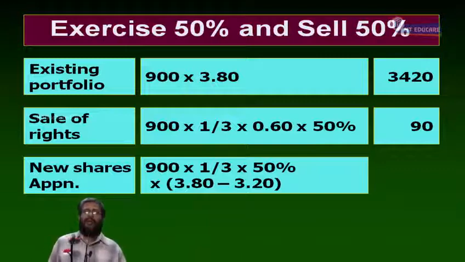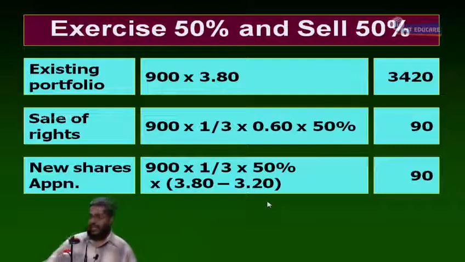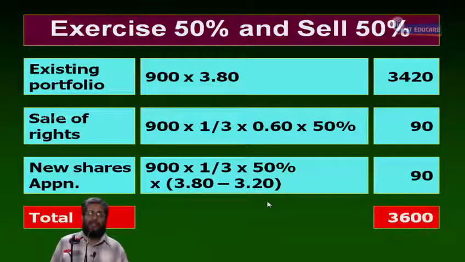Why 3.8 minus 3.2? 150 shares into 3.2, cash goes out, so my wealth decreases. Then why into 3.8? 150 shares into 3.8, investment comes in, and the wealth goes up by that amount. So the net increase in wealth is how much? 90 rupees. The total is 3,600.